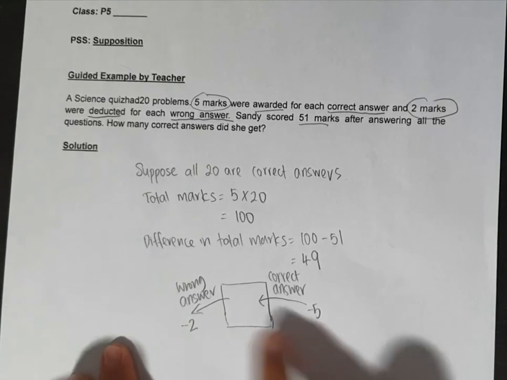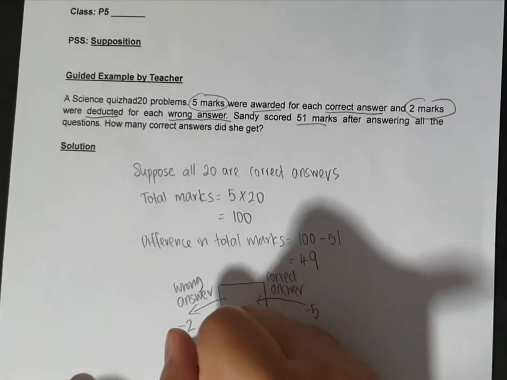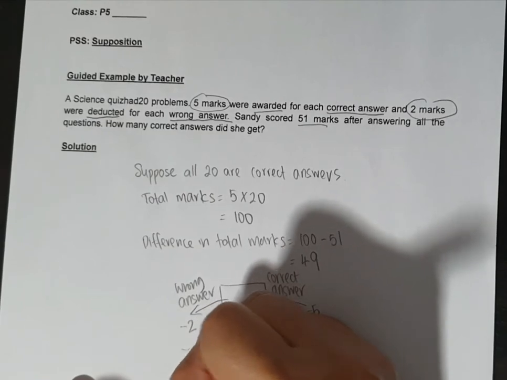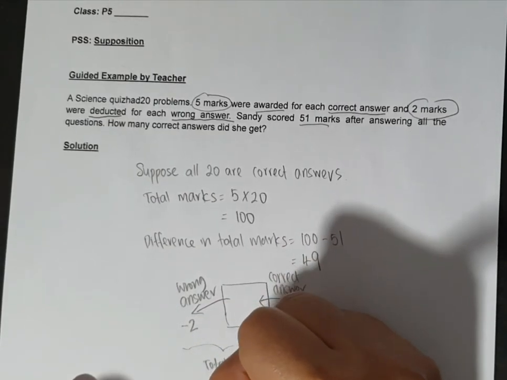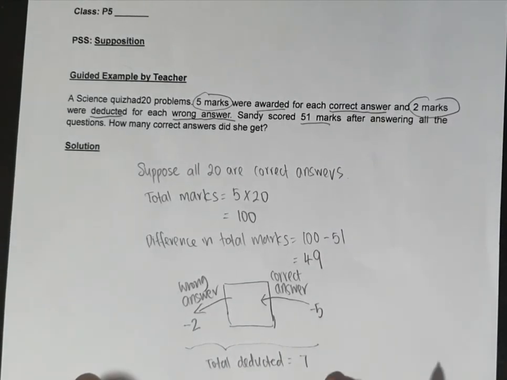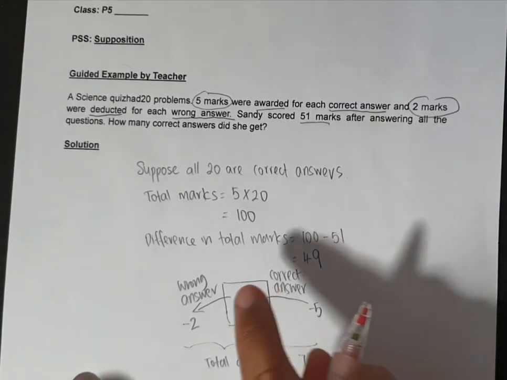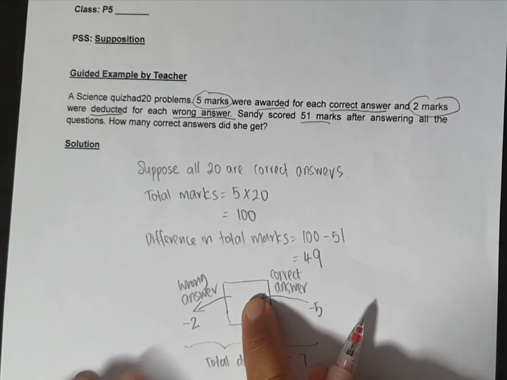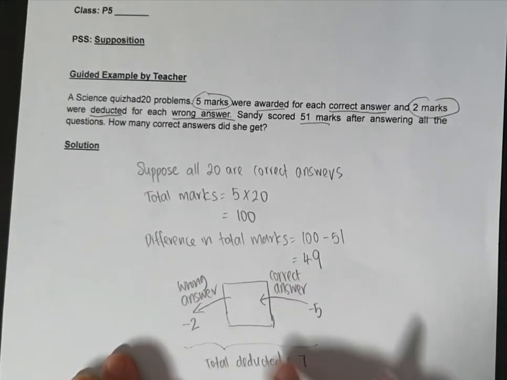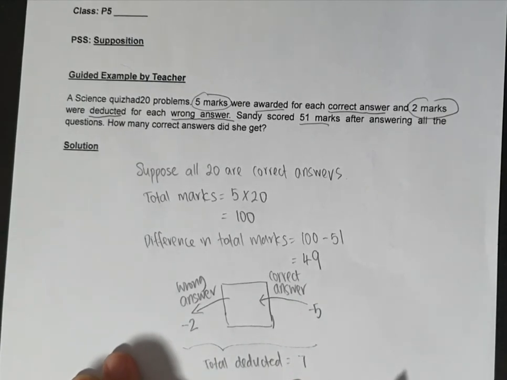Now, in total, how many marks are deducted? So the total deducted is 7, correct? So you observe this: every time a correct answer is placed inside and you take out a wrong answer, meaning an exchange happened, there's a total deduction of 7.